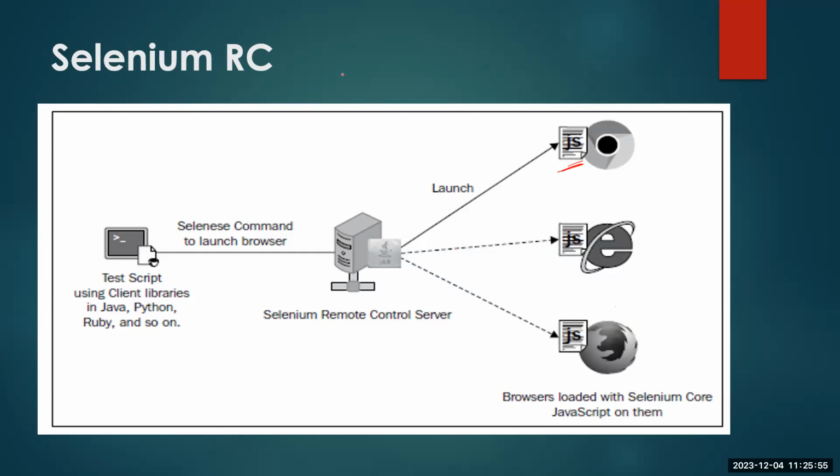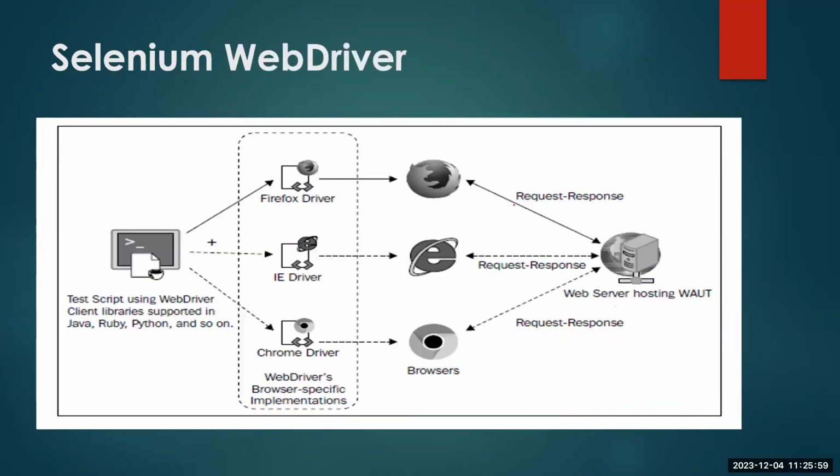And the same origin policy issue is overcome in Selenium WebDriver. RC we don't use because RC is deprecated by the community, but how is the same origin policy overcome by Selenium WebDriver? Because in Selenium WebDriver, each and every real browser has its own driver available.